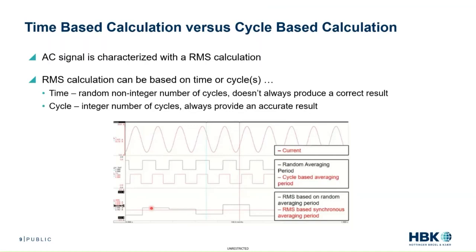But now the bottom or red square wave is based on the zero crossing points of the AC sine wave. To show you a little bit more of what this looks like, I've added some letters and numbers here. On the bottom waveforms, we see two RMS calculation results.